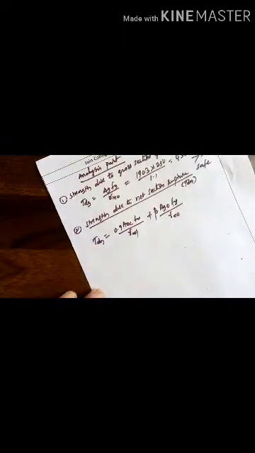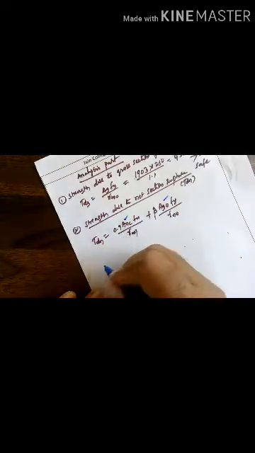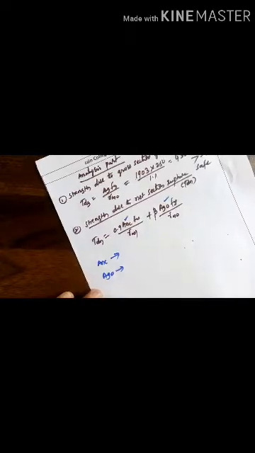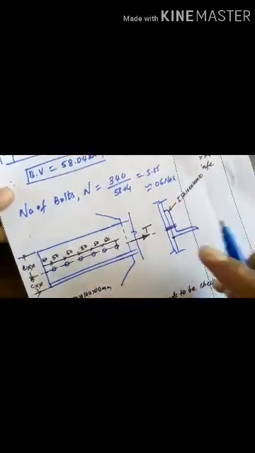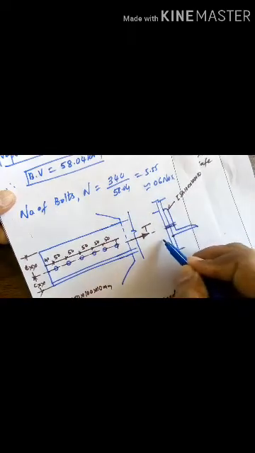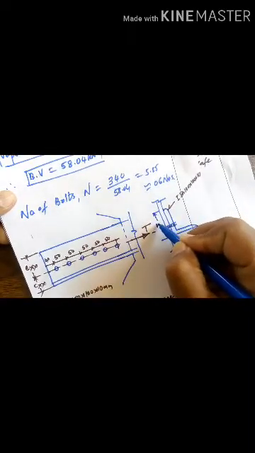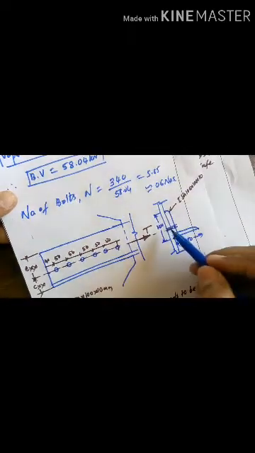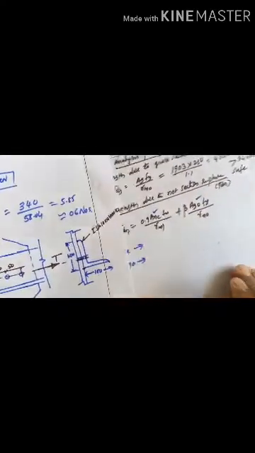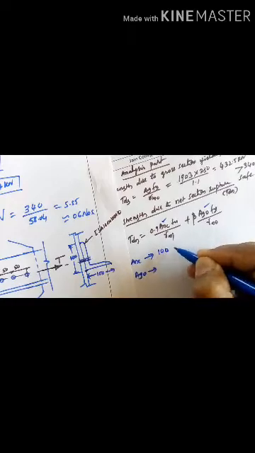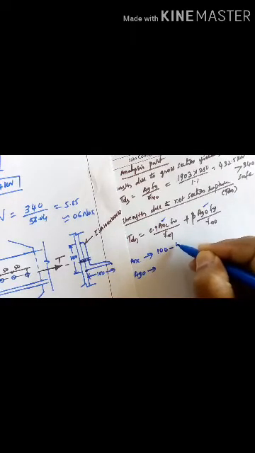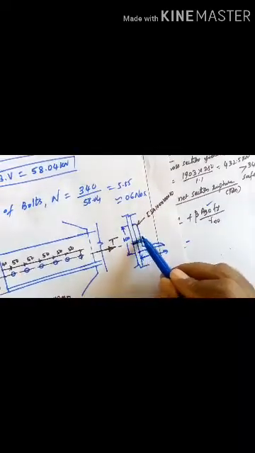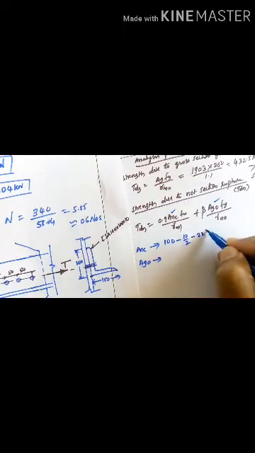You know how to get Anc or Ago. Anc is the connected leg area, Ago is the outstanding leg area. Here the leg connected is this 100, and this is also 100, it is an equal angle. So the connected leg area needs to be calculated here. You know how to calculate the connected leg: 100 minus thickness 10 by 2, minus 1 diameter hole, 1 bolt, minus 22.